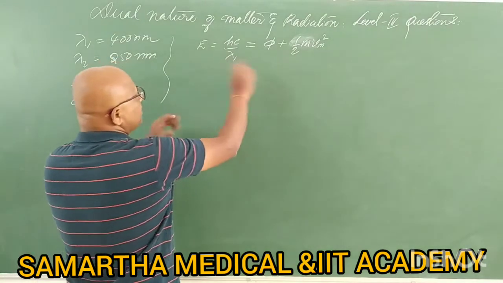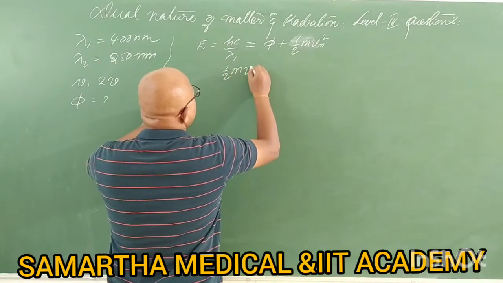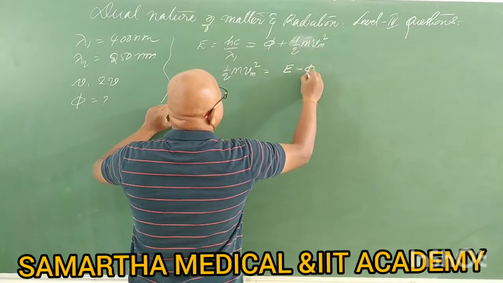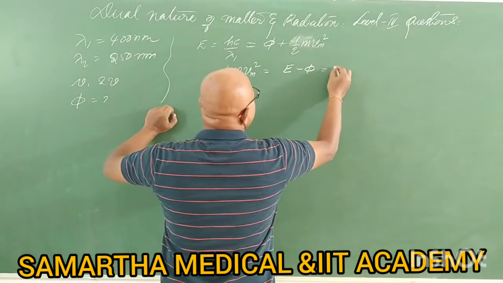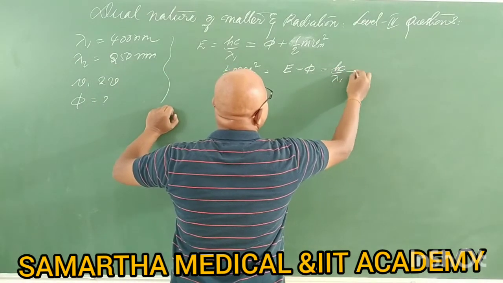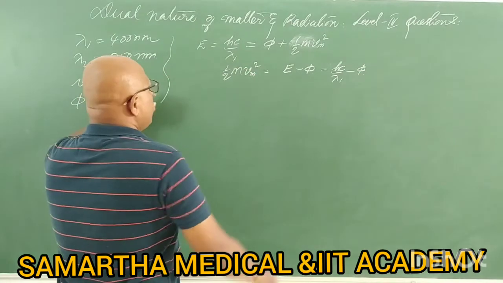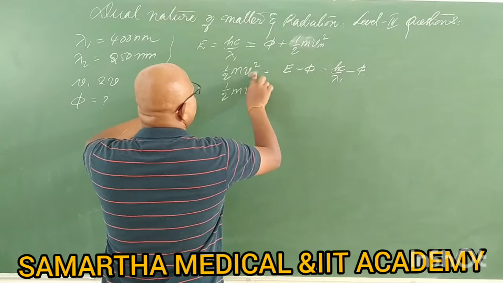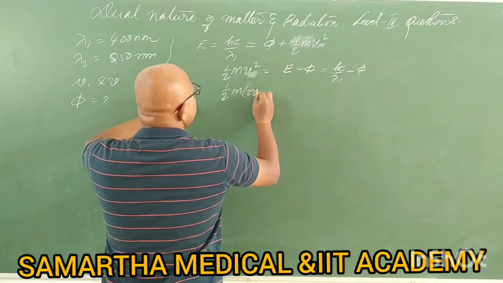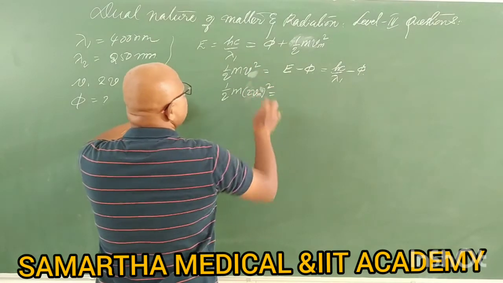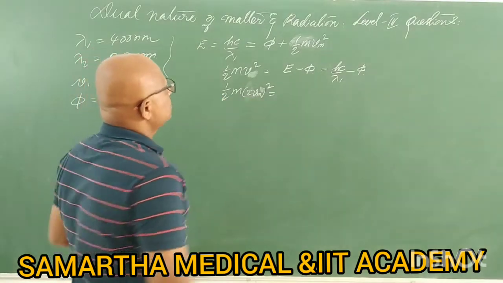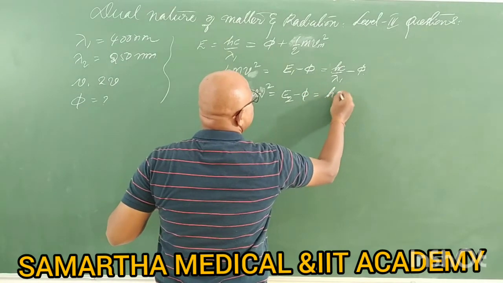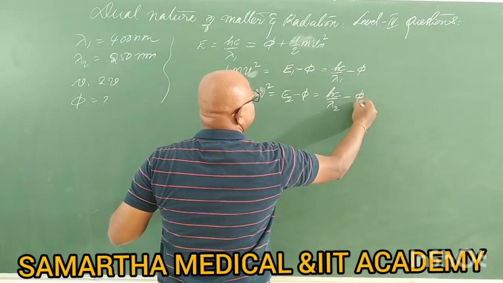Or if you replace this equation, half m v square max is equal to E minus phi, okay. E minus phi is nothing but Hc by lambda 1 minus work function, and half m v square, this is v. And for the second, it is 2v whole square, because the next velocity is 2 times v, that is E2 minus phi, that is Hc by lambda 2 minus phi.